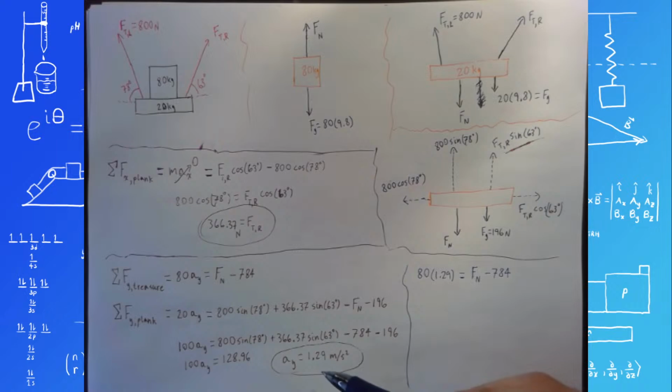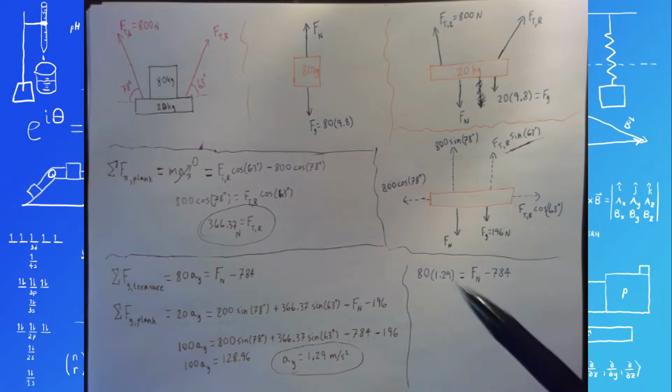Well, I got positive 1.29 meters per second squared, and I got that by using up as the positive direction. So a positive result when using up to be positive must mean that the acceleration is up.